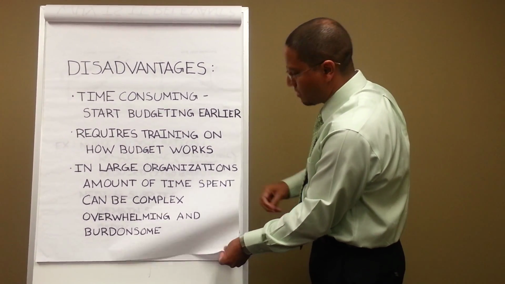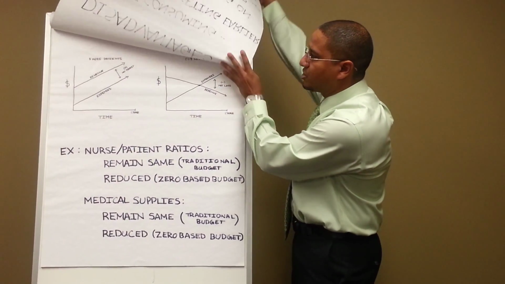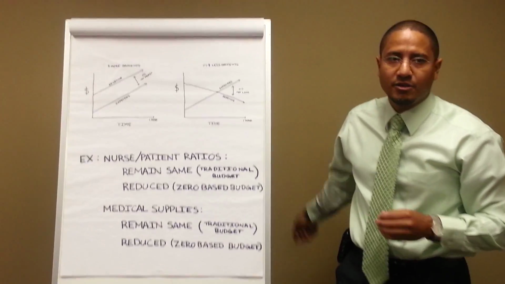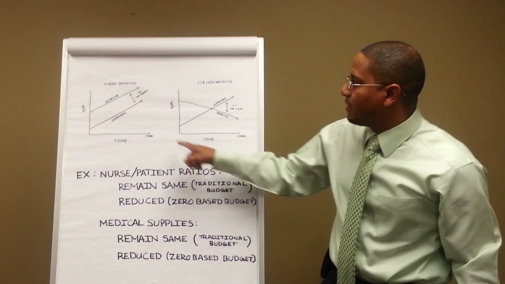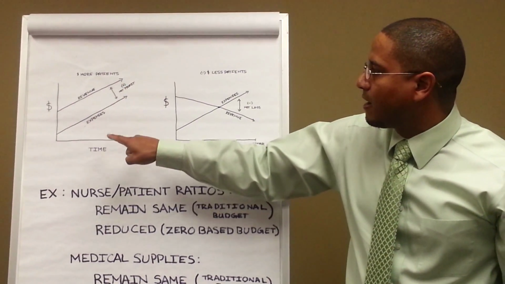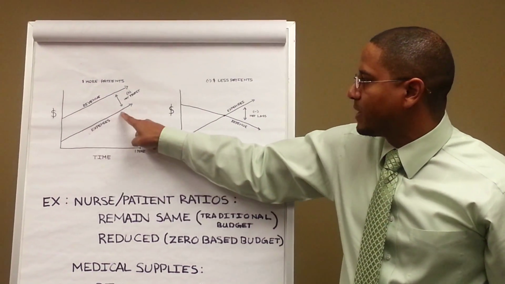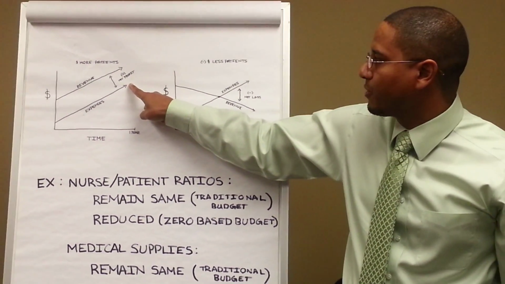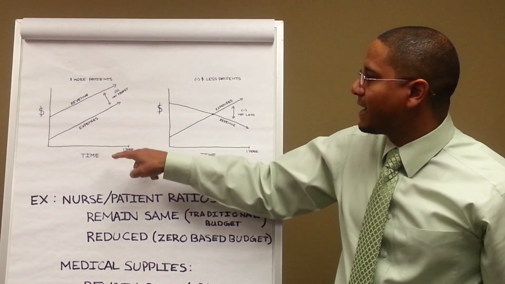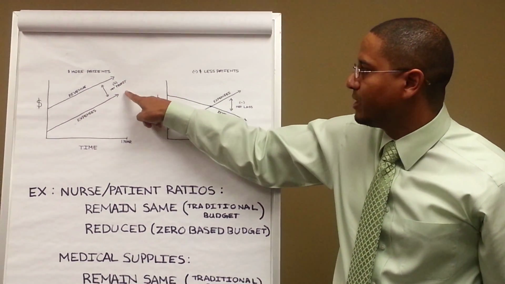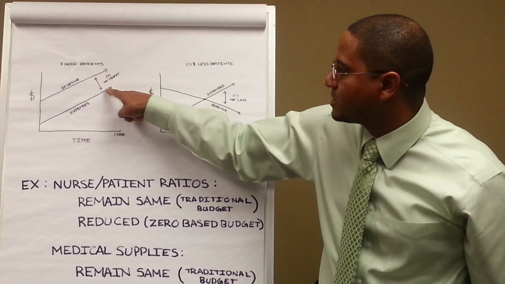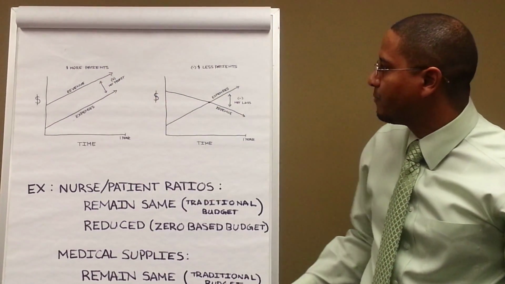I'd also like to give you a little bit of graphics on zero-based budgeting, just so you can see why it's important. If we had more patients, obviously you would see revenues increasing and you would see expenses normally increase per year. The difference between that revenue and expense would be your net profit, and obviously the organization wants a positive net profit.